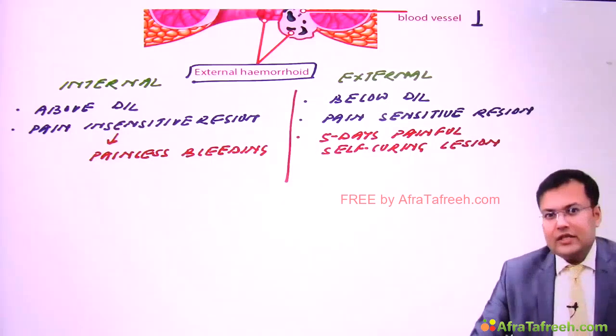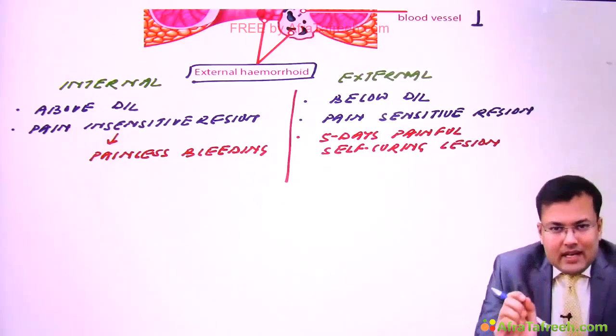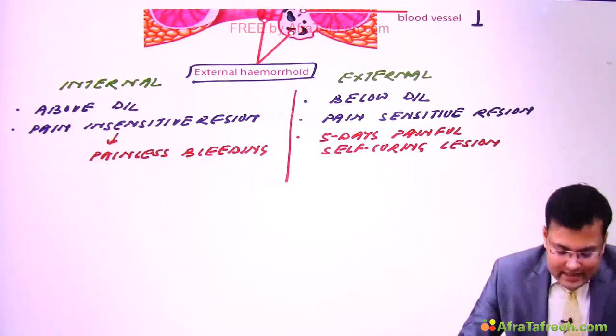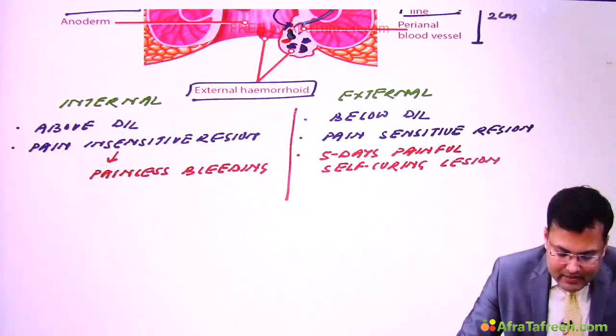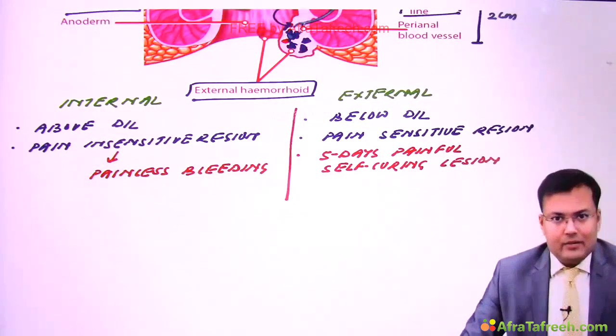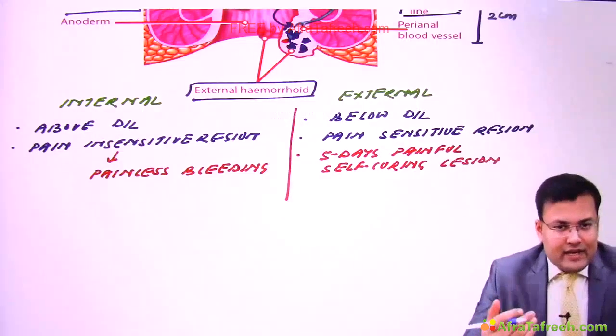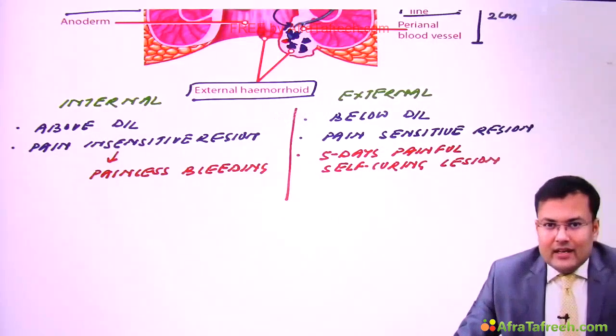Okay, now see the problem. Sometimes in external hemorrhoid there is recurrent thrombosis. So because of recurrent thrombosis there are red and black areas in the external hemorrhoid, and the appearance is like semi-ripe black currant.